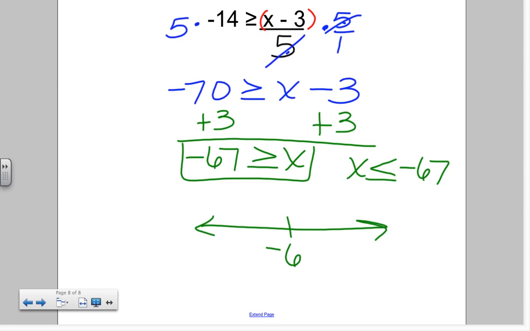We have negative 67. What's right here? Negative 68. And negative 66. Open or closed on that negative 67? We're closing it up. And which direction are we headed? To the left.